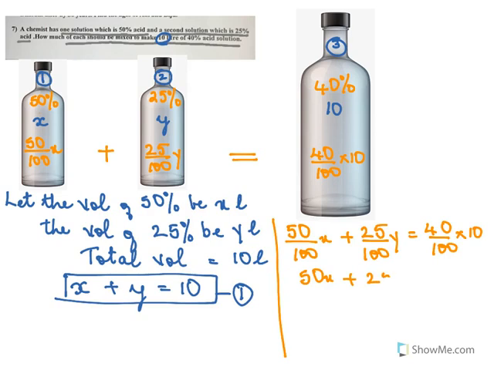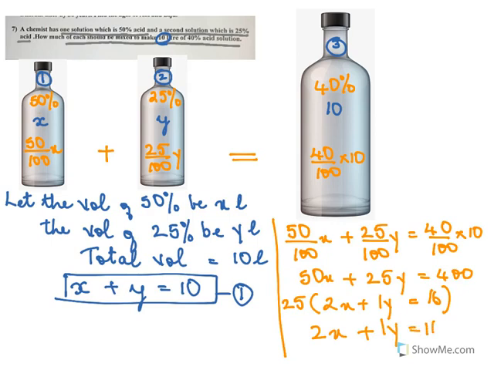I will take 100 common out. So I get 50X plus 25Y equals 400. Now here again I can take 25 common out. So 2X plus 1Y will be equal to 16. I can ignore my 25 because I've taken it common out. So 2X plus 1Y equals 16. This is equation 2. Now let me go ahead and solve equation 1 and 2.